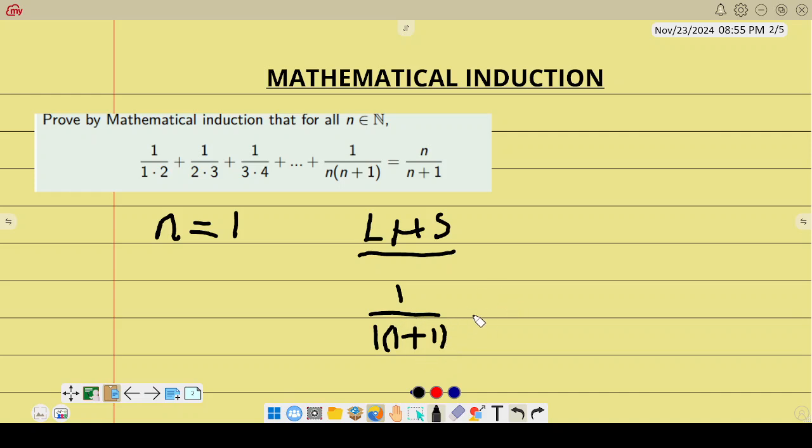So on the left hand side, 1 plus 1 is 2, 2 times 1 is 2, so we get 1 over 2.